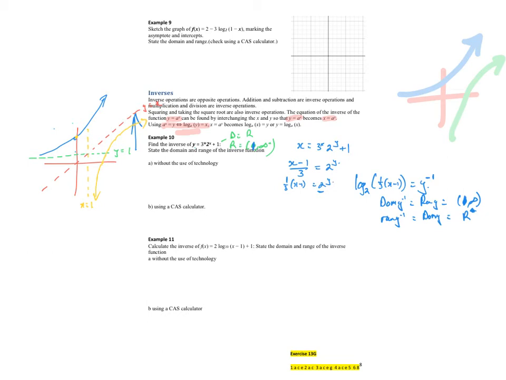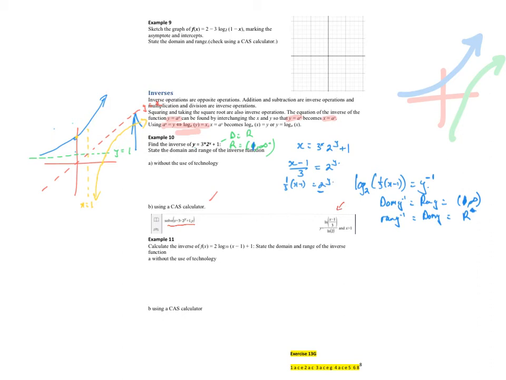We can also use the CAS calculator if we want to. You can see there, we use the solve feature, just transpose x and y and solve it for y. Don't worry too much about the different format.